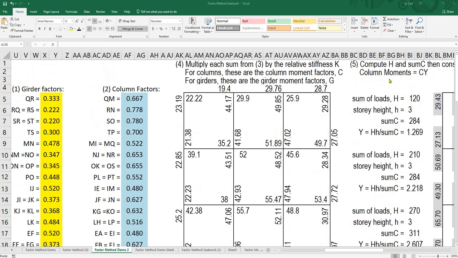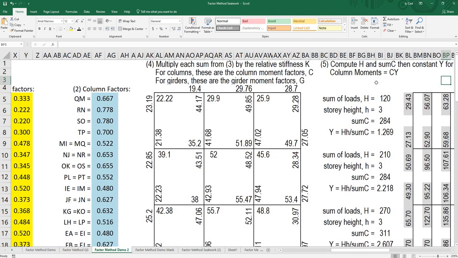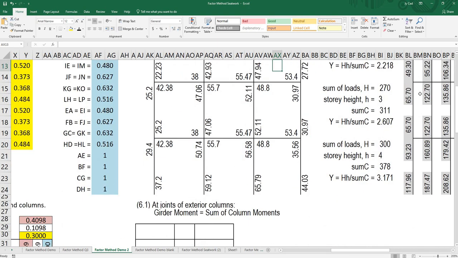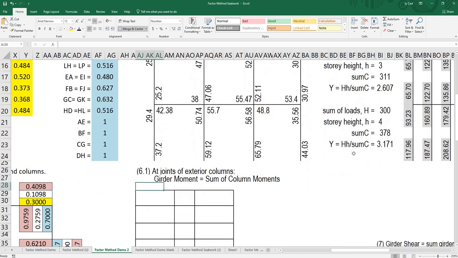Sa part 5, remember na ang nasolve natin dito is column moments. Okay? So, for this moment, 29.43, ang moment dito sa girder would also be 29.43. Okay, so let us solve.